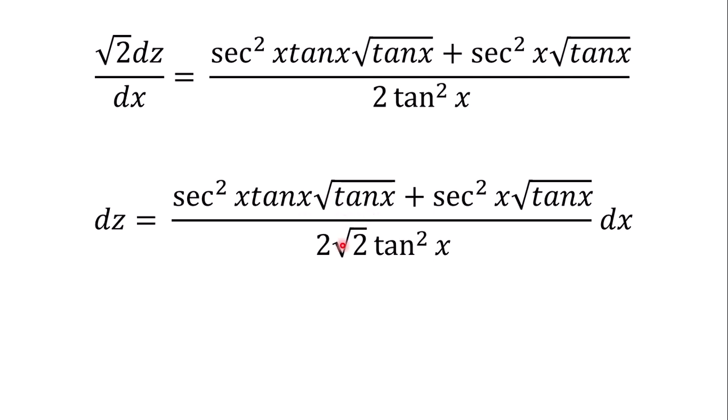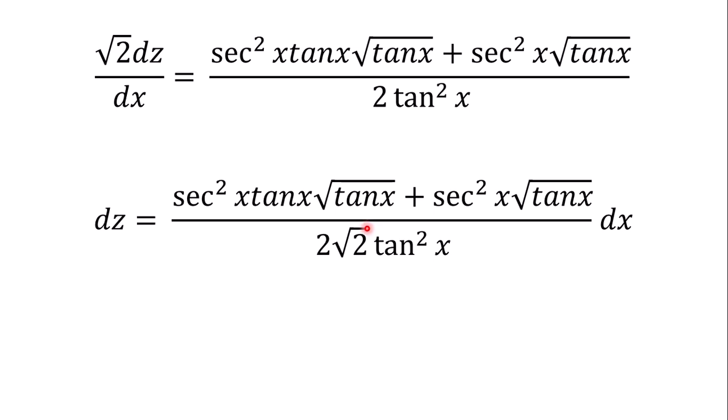So what can you do to this one again? If you rationalize this root 2, you haven't done anything. If you rationalize this square root here, you haven't done anything. You're just wasting your problem. So what will you do? Just leave it as it is.